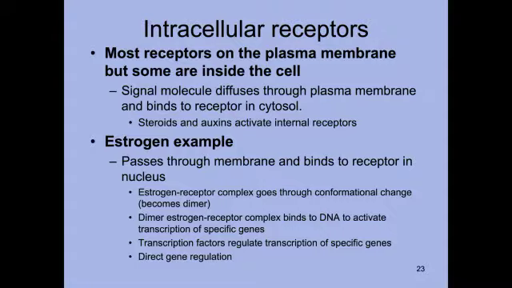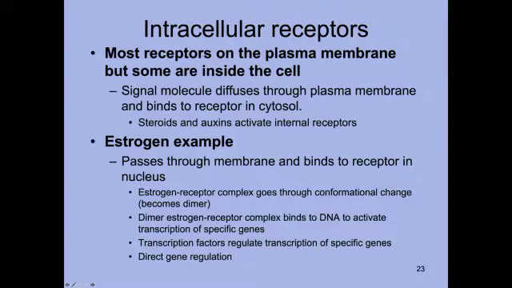Now, one of these types of signaling is estrogen. Estrogen is a hormone, and it does actually cross the plasma membrane of the cell. The estrogen and its receptor form a complex in the cytosol. They become a dimer. In this case, it would be a heterodimer.